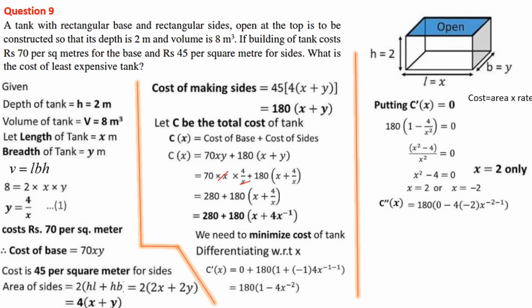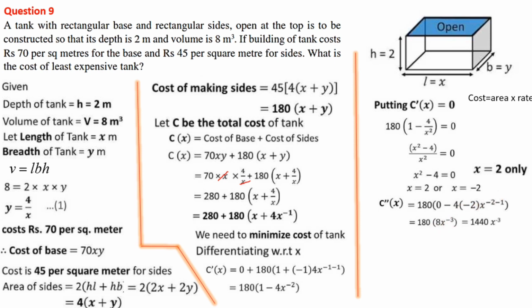So C double dash x we can calculate. C dash x is there, so 190 into the derivative of 1 which is 0, minus 4 into the derivative of x power minus 2, that is minus 2 into x power minus 2 minus 1. That means 190 into 8, minus into minus is plus, 4 into 2 is 8, then x power minus 3 is coming.